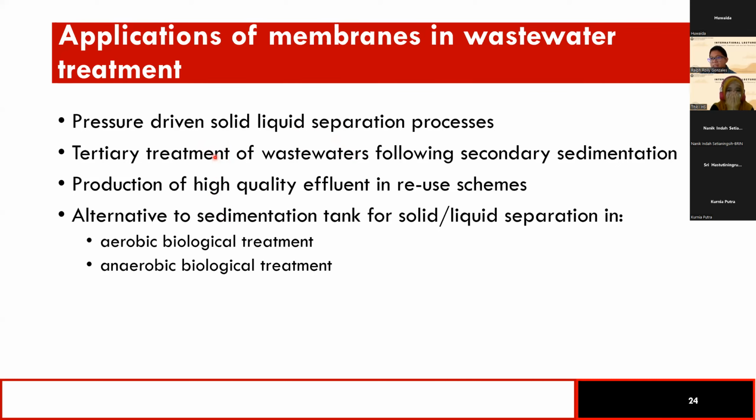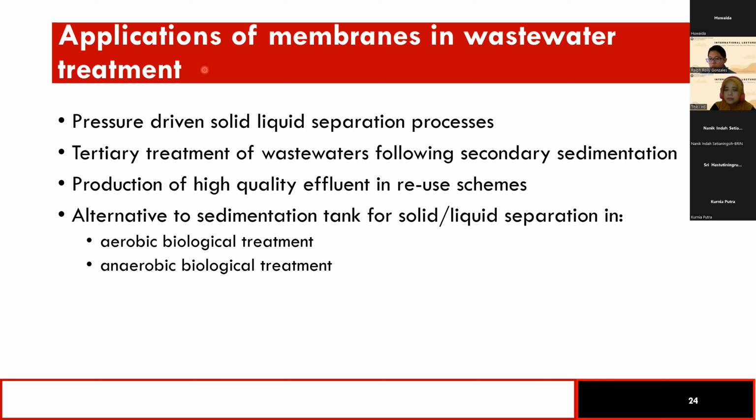And membrane technology can also be used for production of high quality effluent in reuse schemes. So what this means is that, for example, we want to apply wastewater for, say, irrigation. Irrigation requires fresh water, but it doesn't necessarily have to be drinkable water, right?